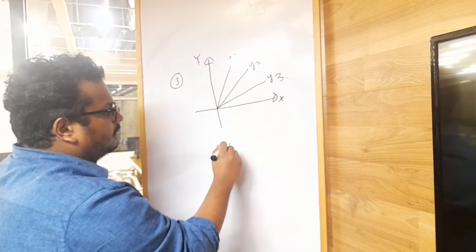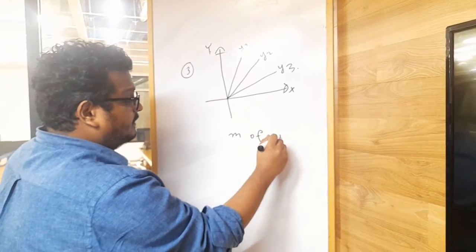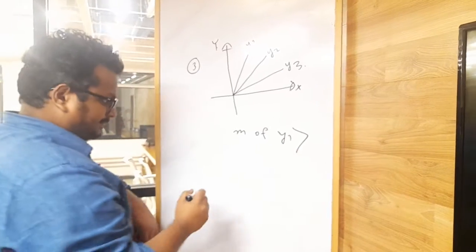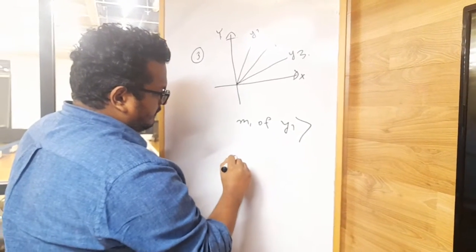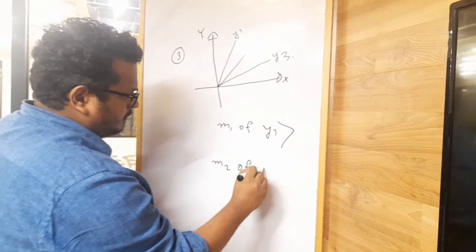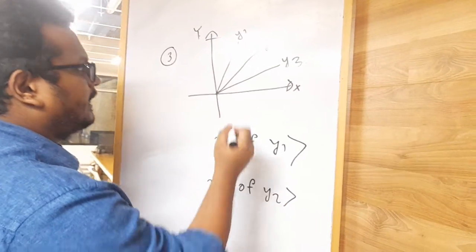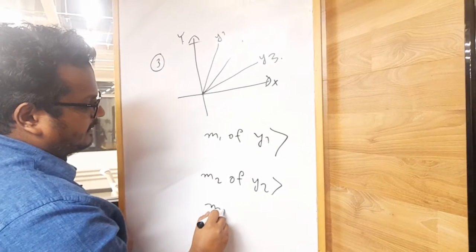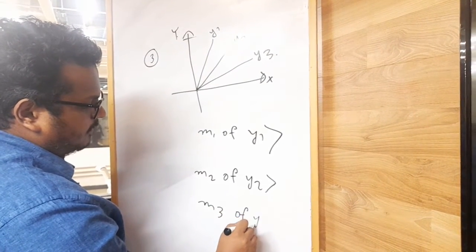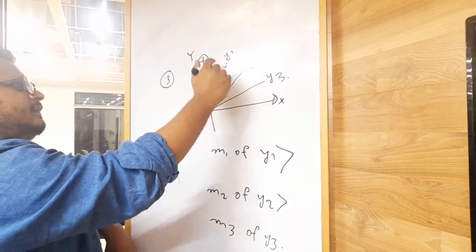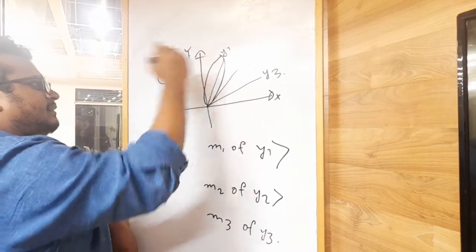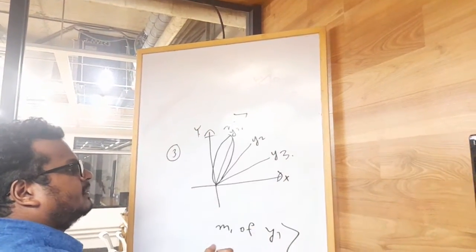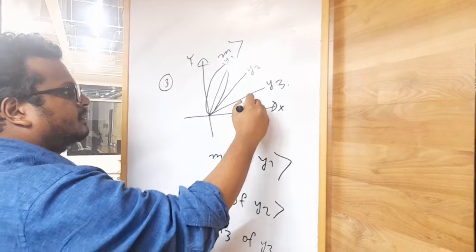So the slope of y1 will be greater than the slope of y2, and the slope of y2 will be greater than the slope of y3. This has the highest slope, and this has the lowest slope.